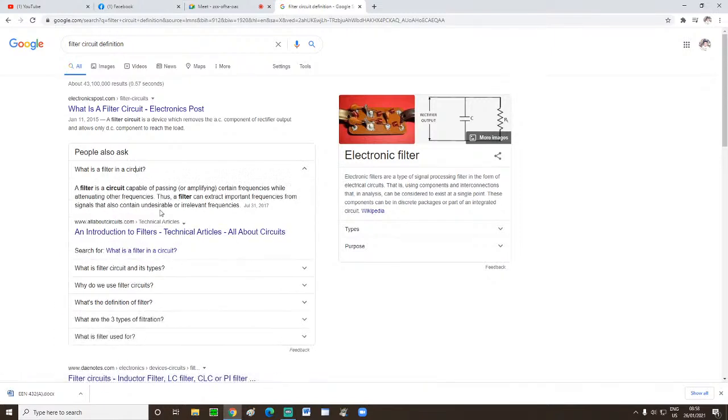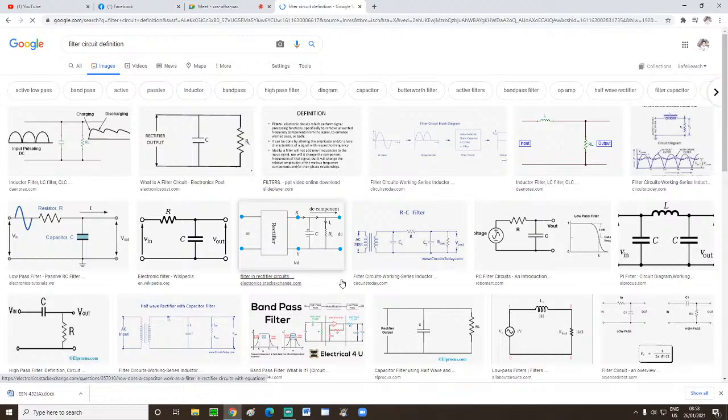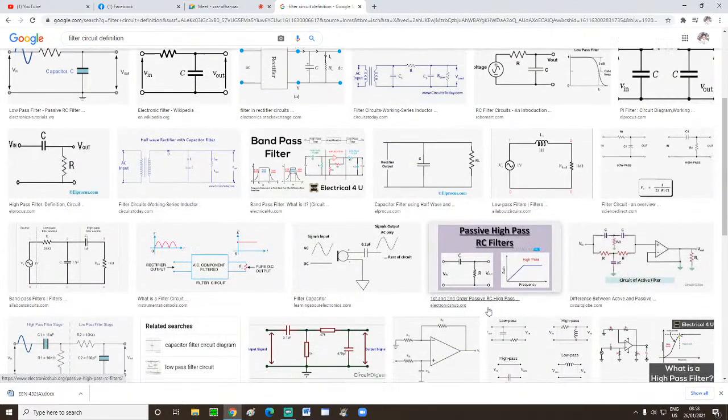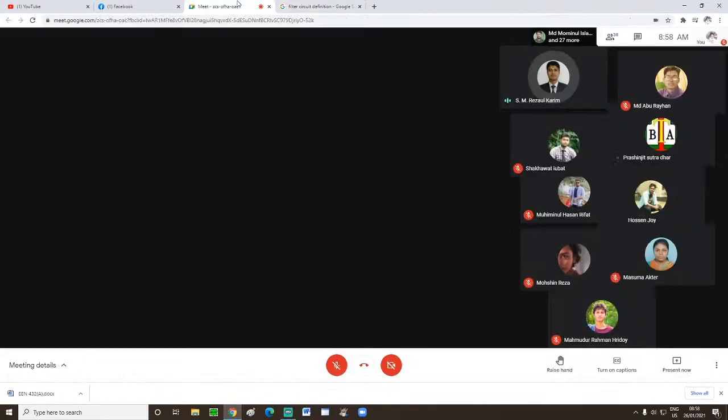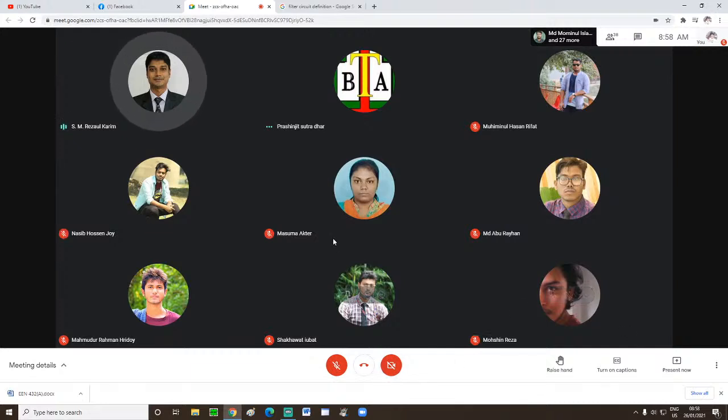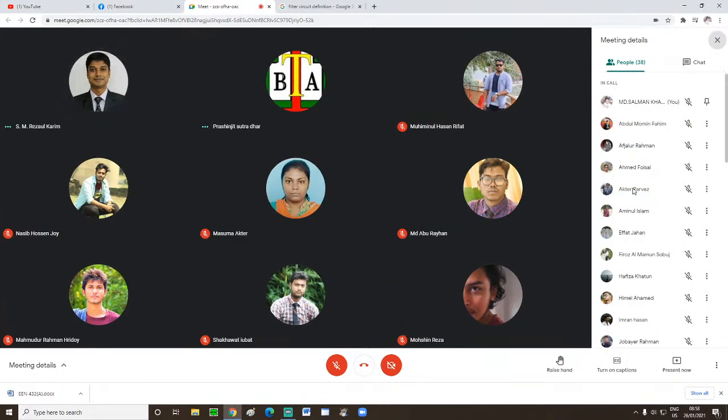Then any other definition you can give? Sir, it allows to pass a specific range of frequency. Okay, very good. It allows us to pass a very specific range of frequency. That is a good point. A specific range of frequency. That word is very important here.